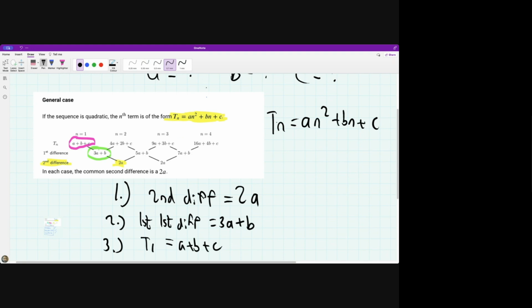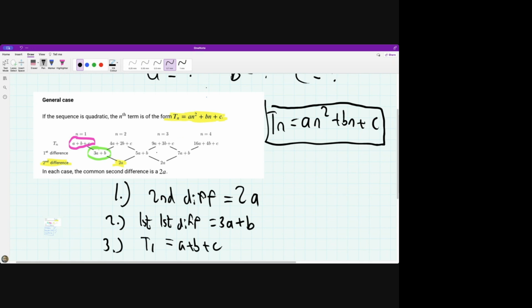So in order to figure out the general term formula for a quadratic, you use these 3 steps. So take a moment to write down these 3 steps because I'm going to show you an example now of how this works. The fancy algebra that's here is just an explanation or a proof of why this works, essentially. But I'm not going to do that today.